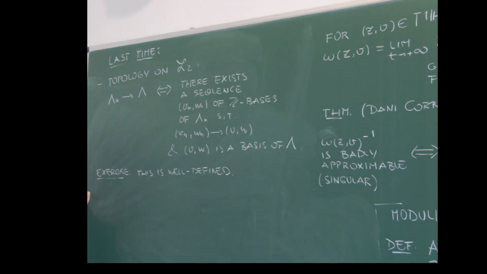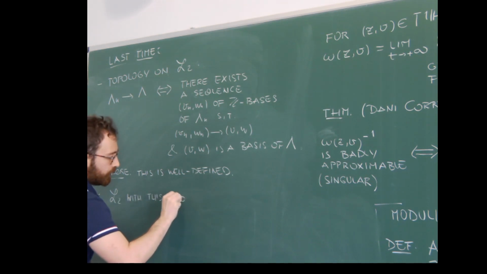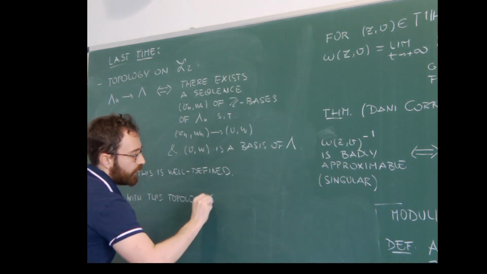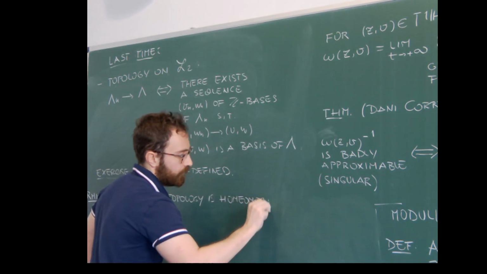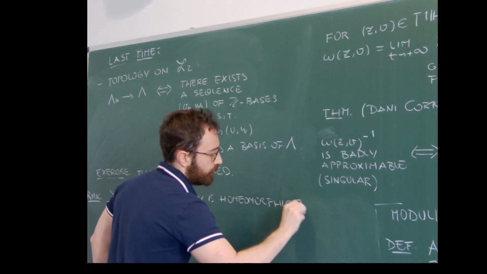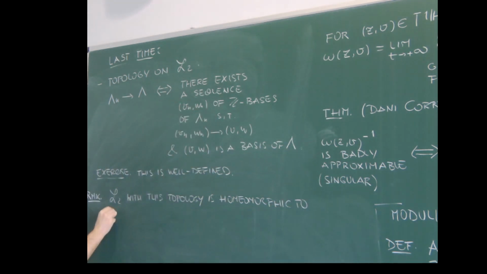And now, remark: L2, with this topology, is homeomorphic to our space X equals G mod gamma.